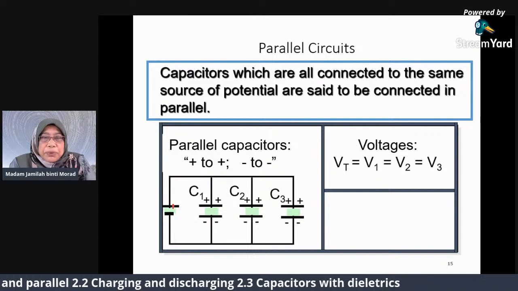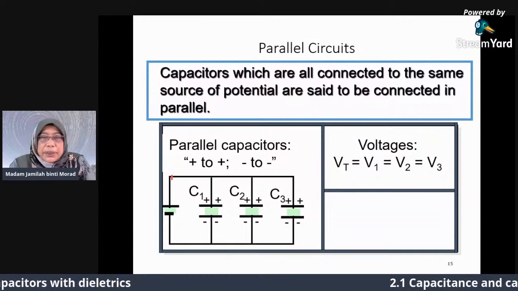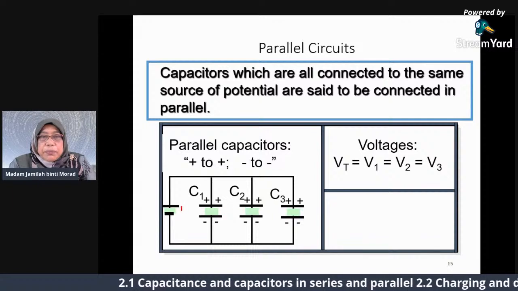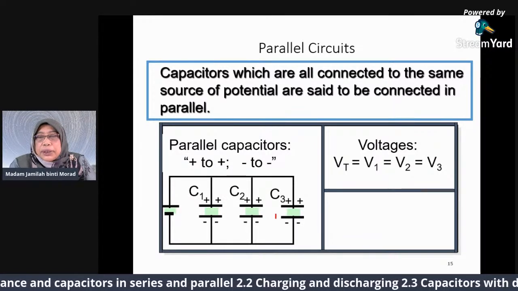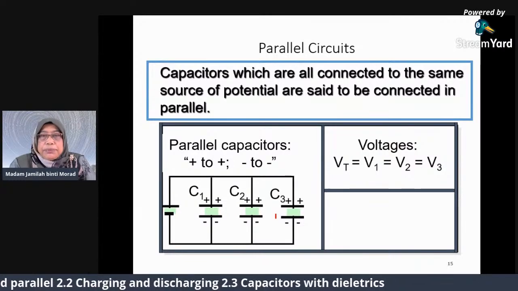If the charge moves from the positive terminal of the battery through C2 and comes back to the battery, the potential across C2 is equal to the potential across the battery. Same goes for capacitor 3: the voltage across each capacitor is the same.